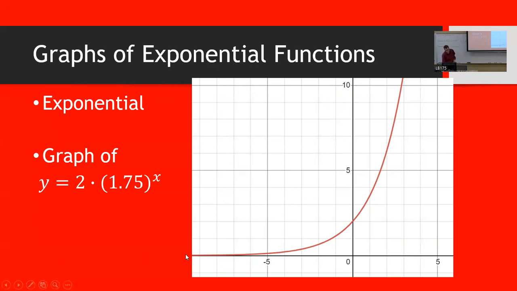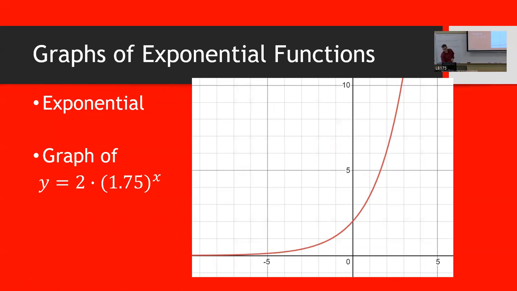But it does this, where it starts out kind of flat, and then it really shoots off. Now this is an exponential graph which is increasing. If it were decreasing, it'd just be flipped.